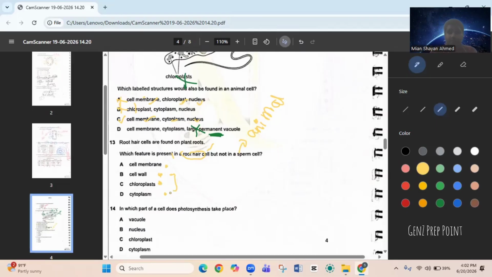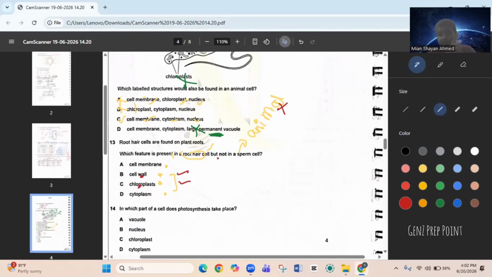Chloroplast, if you put your whole mind into this question, is a really tricky one. It can be cell wall, it can be chloroplast, because they are not present in an animal cell, but they are present in a plant cell.